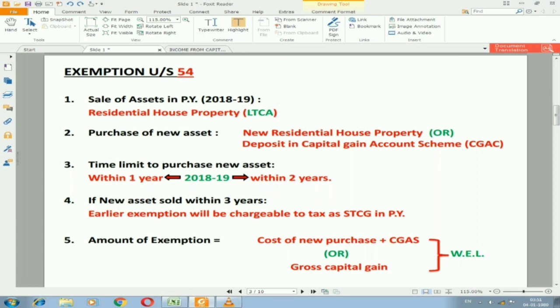The assessee can do the investment by purchasing the asset and also by depositing in the capital gain account scheme. If he has done both, we need to add them and compare with the gross capital gain. Whichever is the least amount, we are supposed to consider.